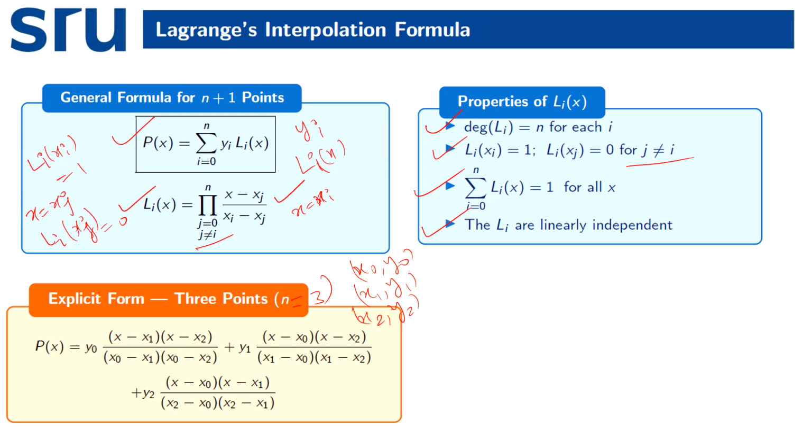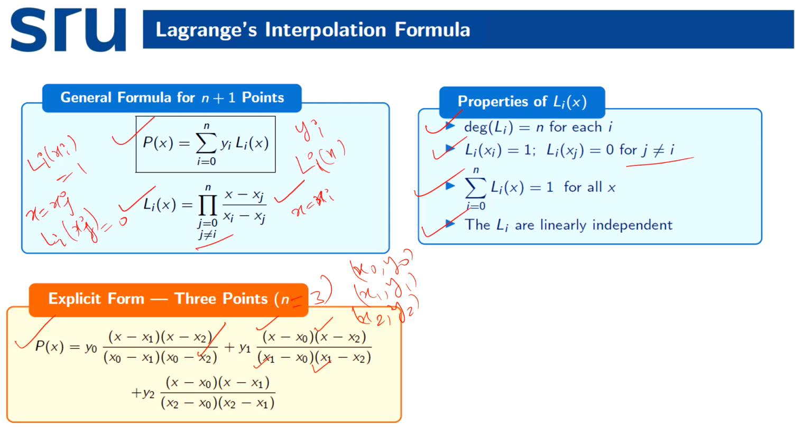Now the interpolating polynomial P(x) will be equal to y0 into (x minus x1) into (x minus x2) upon (x0 minus x1)(x0 minus x2), plus y1 into (x minus x0) into (x minus x2) upon (x1 minus x0) into (x1 minus x2).